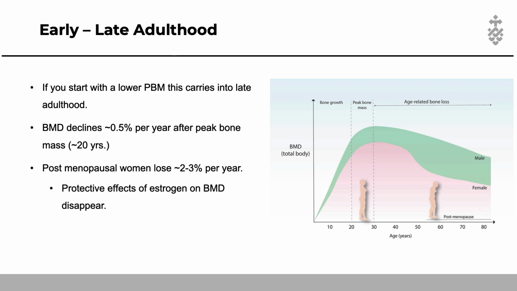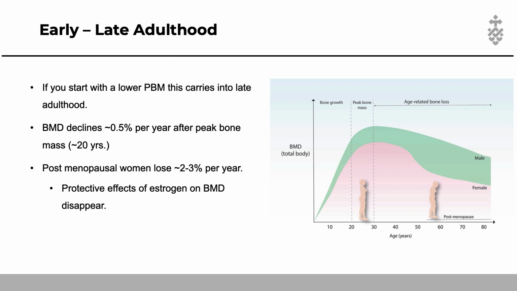Now, in adulthood, new bone formation slows, and eventually we can't keep up with the reabsorption, so we have this net bone loss. And once we enter this age-related bone loss period, it's really hard to generate sufficient stimulus to increase bone mass. So if we start with a lower peak bone mass, this is going to carry into old age and make us more at risk of osteopenia or osteoporosis.